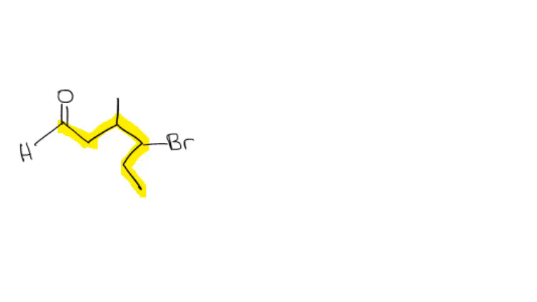We give this our lowest possible carbon number, which for an aldehyde is always going to be 1, 2, 3, 4, 5, 6. So this is a 6 carbon aldehyde. Our substituents that we have, there are 2. We have a methyl group located at carbon 3 and a bromine located at carbon 4.